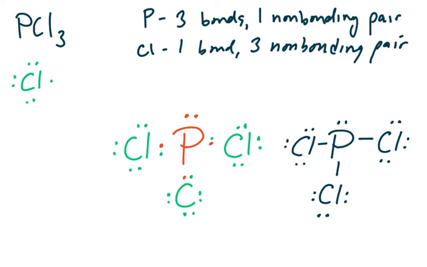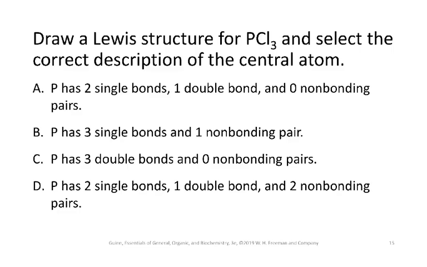All right, so now let's look at the central atom. It has 3 bonds and 1 non-bonding pair, like we predicted. And the chlorine has 3 non-bonding pairs and 1 bond. So back to the question.